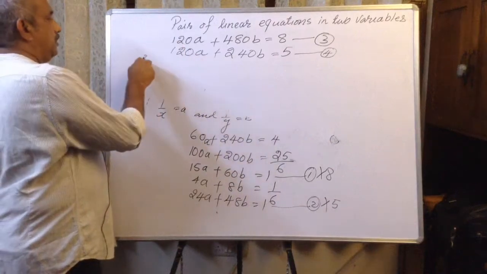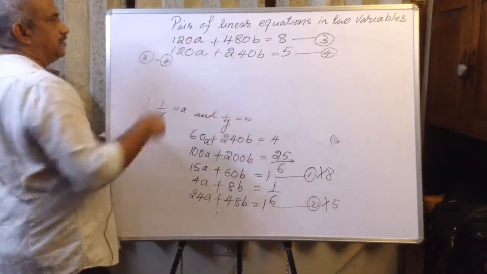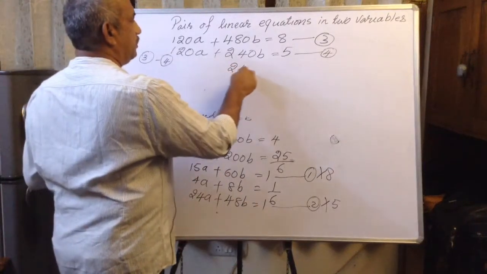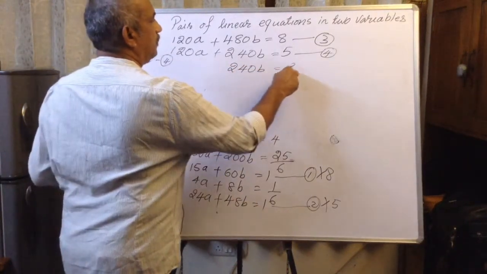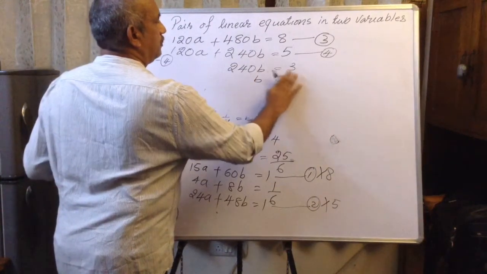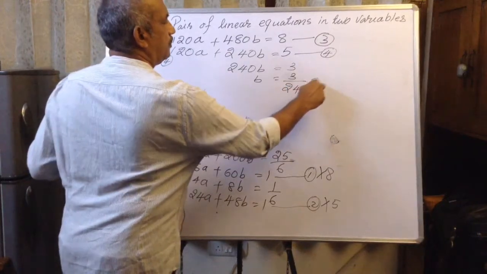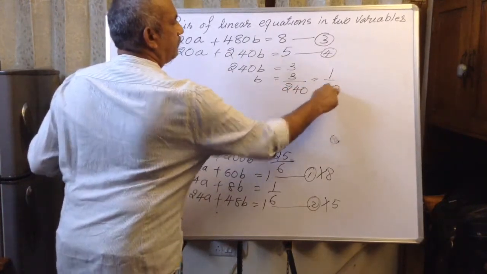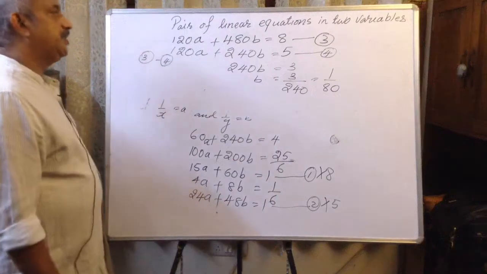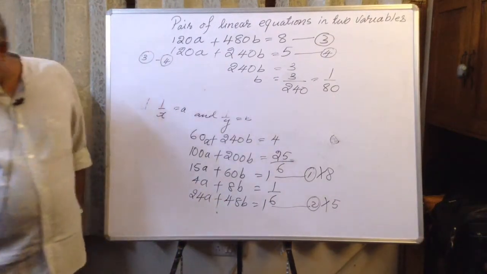See, 3 minus 4, subtract, the 120a gets cancelled, 240b is equal to 3, or b is equal to 3 upon 240, or 1 upon 80. Now put it in any one of the equations, you will get the value for a.